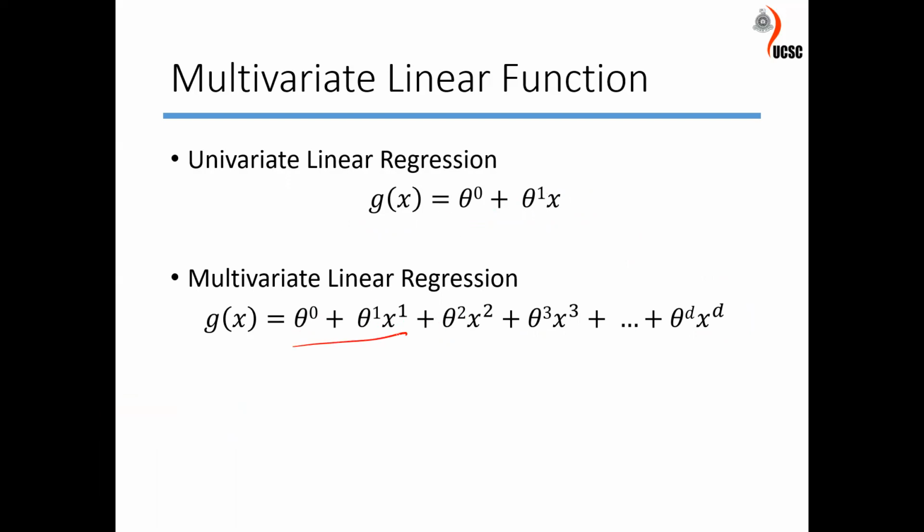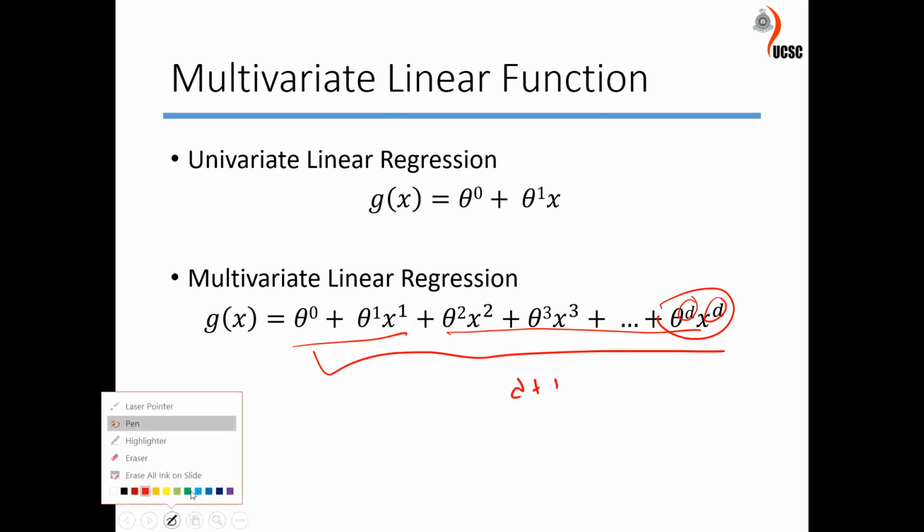So this is the same as the univariate linear regression. Additionally, we have theta 2 x2, theta 3 x3, going up until theta d xd. Here we have d plus 1 theta parameters and d plus 1 x as well, so the maximum value is d.